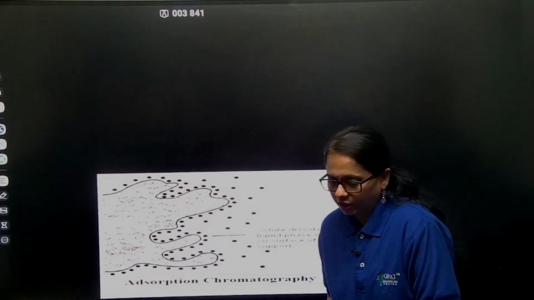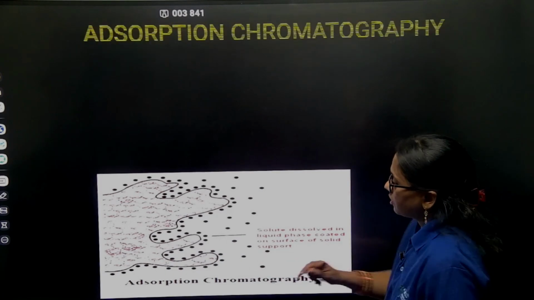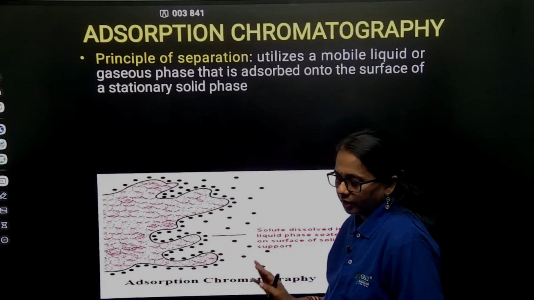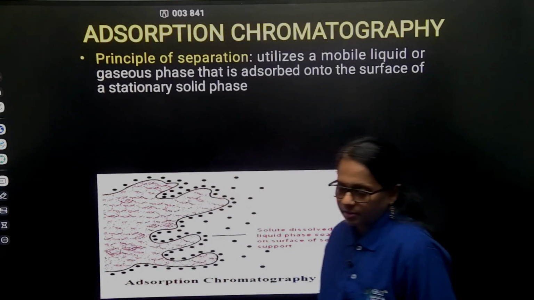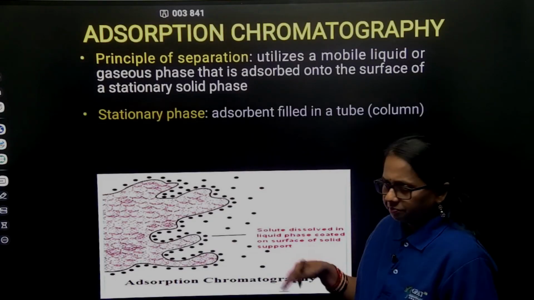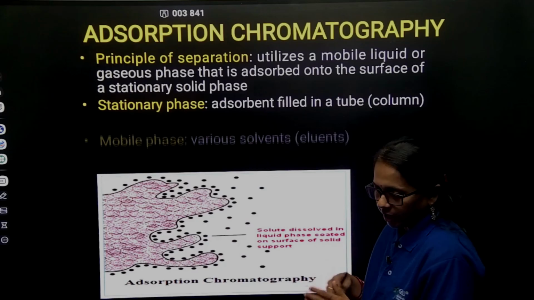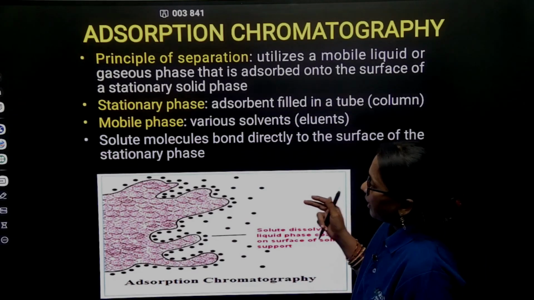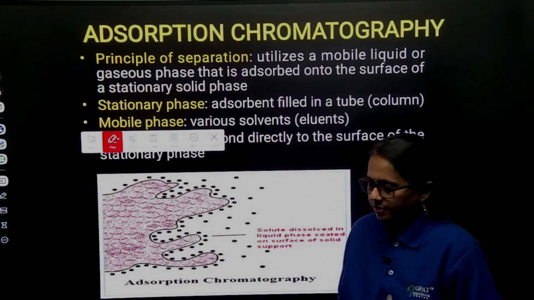So if you observe this picture here, this is adsorption chromatography related. In this, if you observe the adsorption chromatography, the principle involved in this adsorption is going to be based on the solute particles. That means whatever the analyte, it is having more number of the solutes. Different n number of mixture of the compounds are going to be used, and in this major adsorption is going to take place on the solid support.